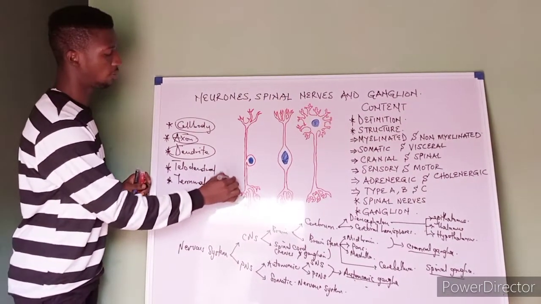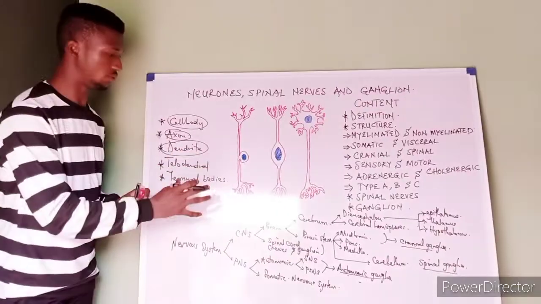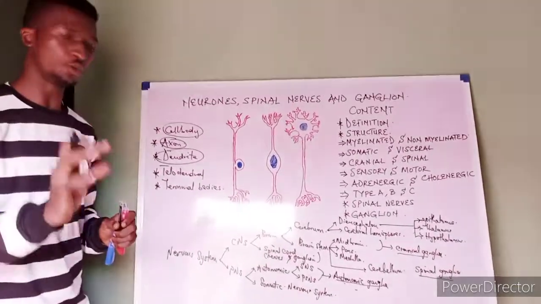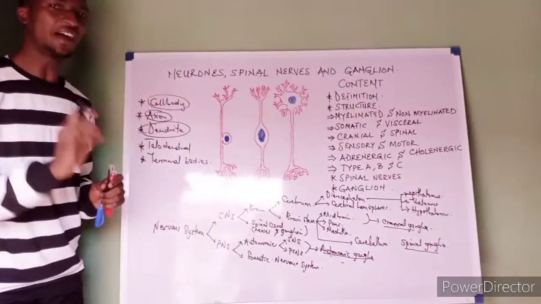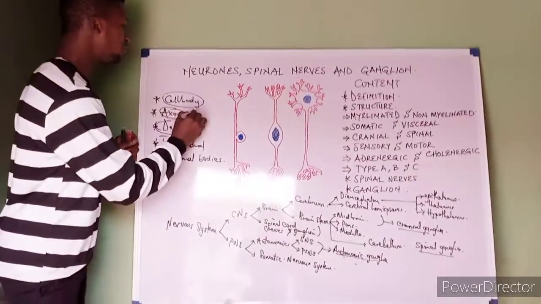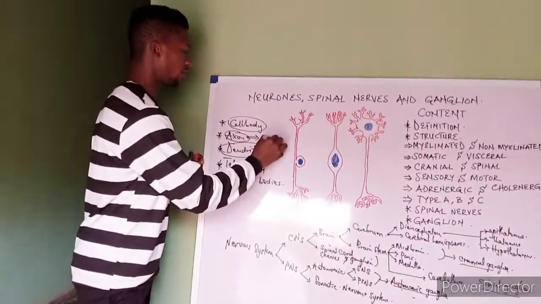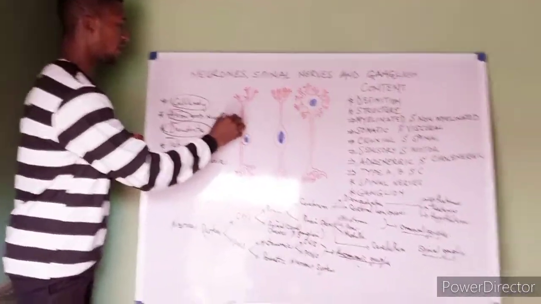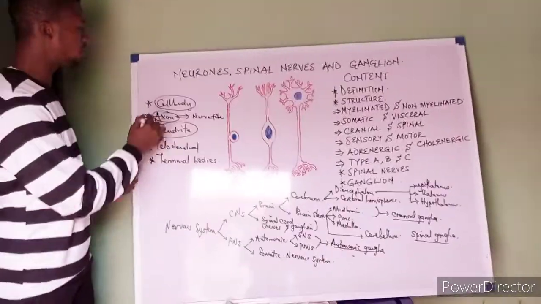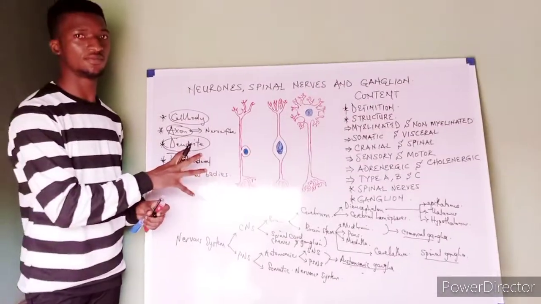These make up a typical neuron. Now, there is something you need to know: when we mention nerve fiber, it is related to the axons. When I mention nerve fiber, I am typically referring to the axon that extends from the cell body of a neuron.